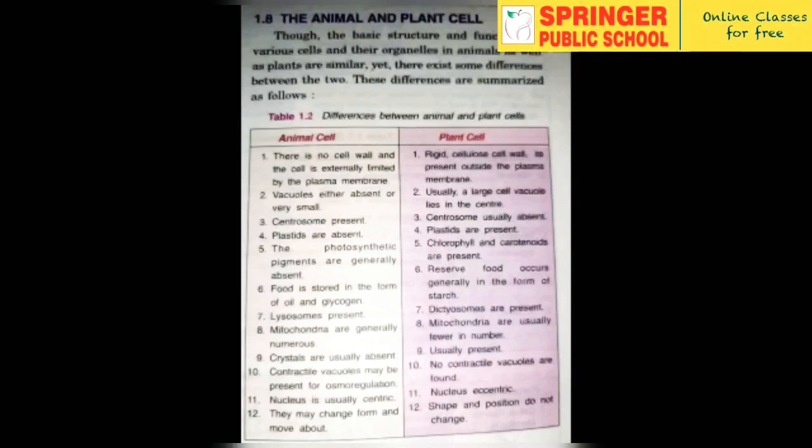The reserve food material in animal cells is present in the form of glycogen. And what is glycogen? Glycogen is a complex form of carbohydrate. Similarly, in plant cells, the reserve food material is starch. It is also a complex form of carbohydrate, but there is a structural difference between glycogen and starch.